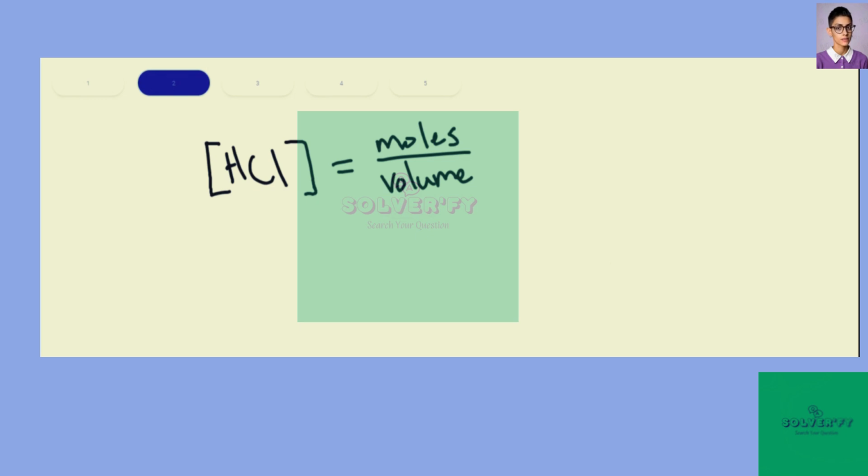It's pretty straightforward there. So we added 0.005 moles of hydrochloric acid to 0.5 liters. Oh, that's a weird 5. And that equals 0.01 molar. Okay?